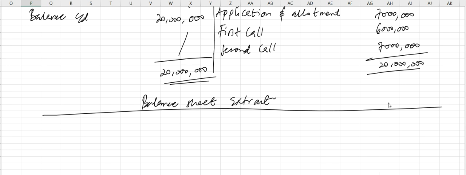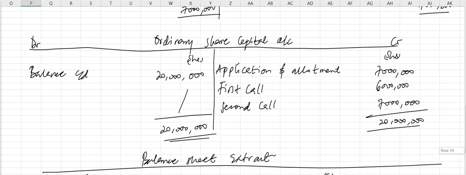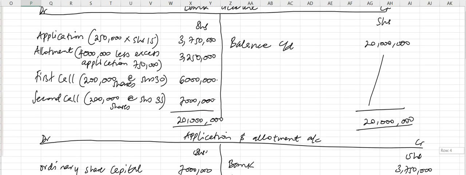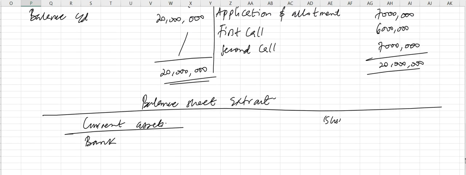Now, in the balance sheet extract, of course, we are going to show the current assets. Under the current assets, we have bank, and we know that our bank account balance is 20 million. So you take that bank account balance into the balance sheet. That's 20M.